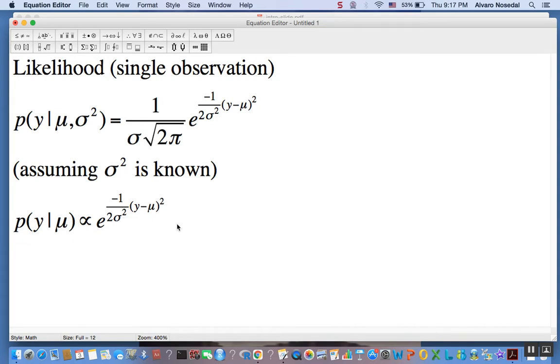Okay, so by the way, some places you could see the following notation. Instead of e to and then this exponent, maybe you will see something like this: exp as in exponential, and then you will see that exponent.